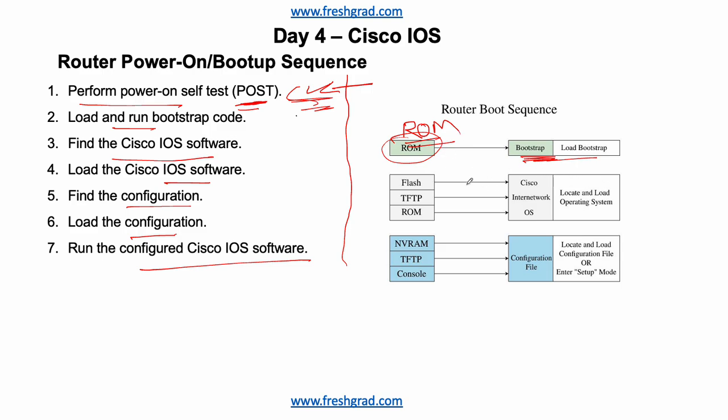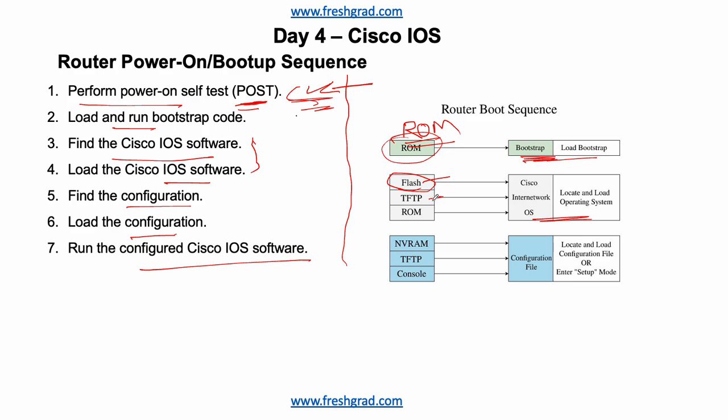Now at stages 3 and 4, Cisco IOS locates and loads the operating system. How will it locate it first? The router will look into the flash memory first. Is there any IOS image in there? If yes, it loads from the flash. If it doesn't, it goes to the network, like TFTP, trivial file transfer protocol.